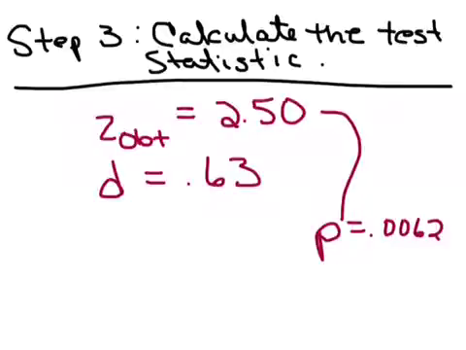Well, because we're dealing with a two-tailed test and we're dealing with z-scores, we're going to multiply that times 2 so that we can get our true p-value. But I'm not worried about that.